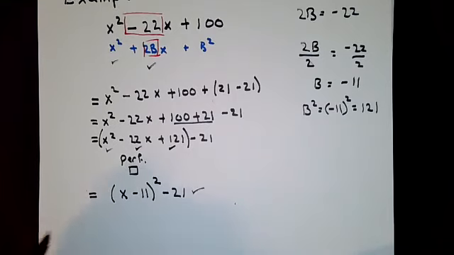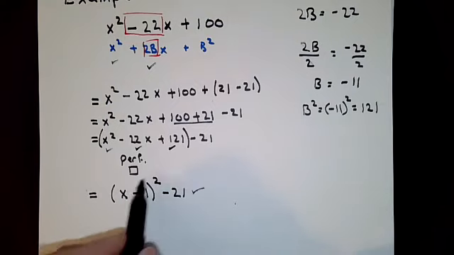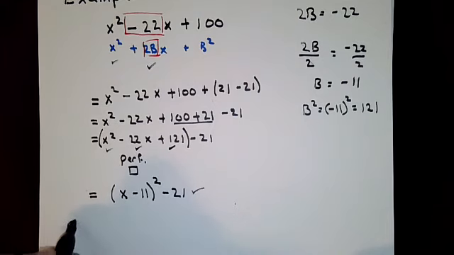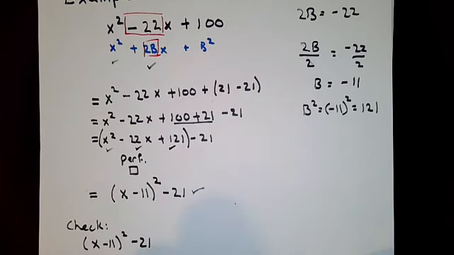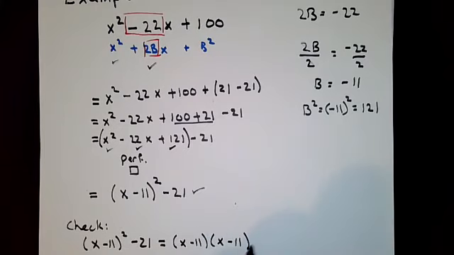All right. Now, let's say we wanted to check, make sure our work was correct. We can do that by FOILing out this term. So let's check it. So x minus 11 squared would be x minus 11 times x minus 11. And we'll have to subtract 21.